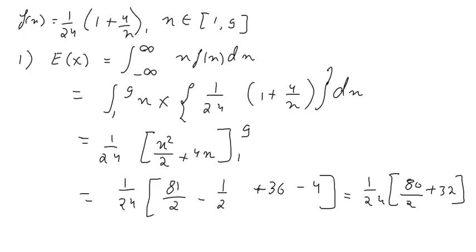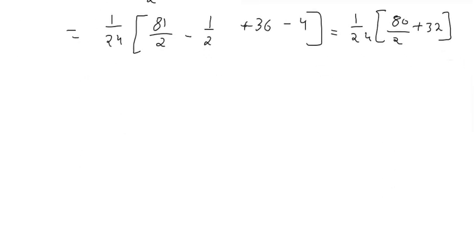Now moving further, here you can see 1/24 into 72. This completely cancels out, giving 3 times. So from here, the expected value of x is 3.